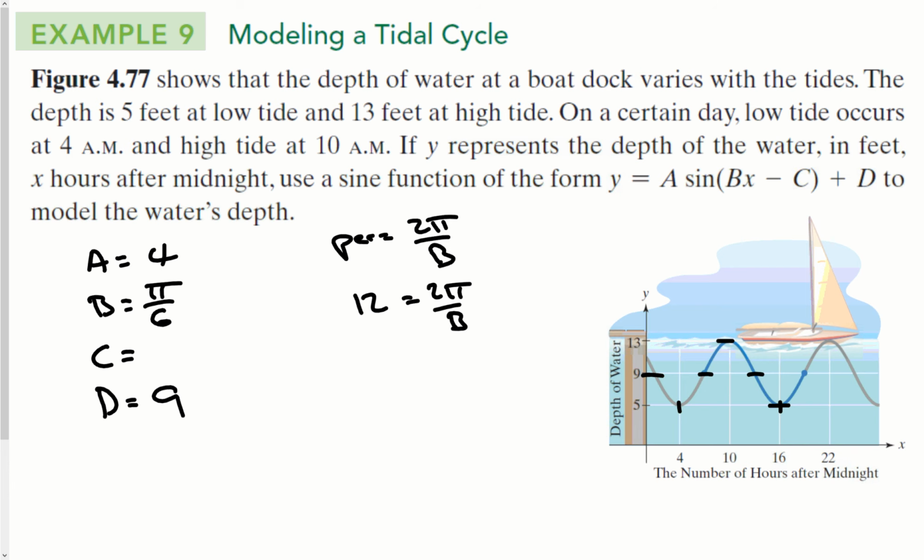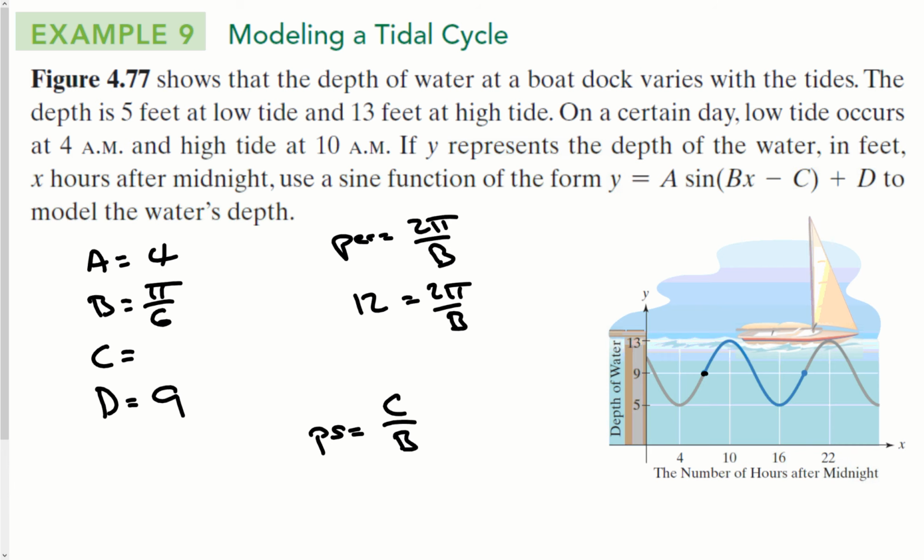Okay. Now we need a C, the phase shift. The phase shift is C over B. Now here's the trick: I can take this number as the phase shift, or this number as the phase shift. I can take any point I want, but you should take the first one, right? Because this is a sine function, it keeps repeating.